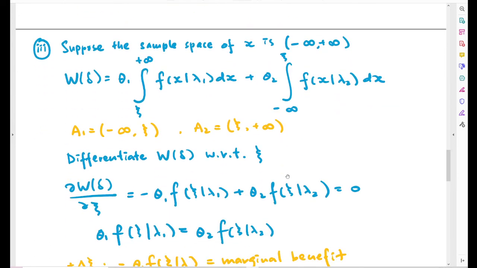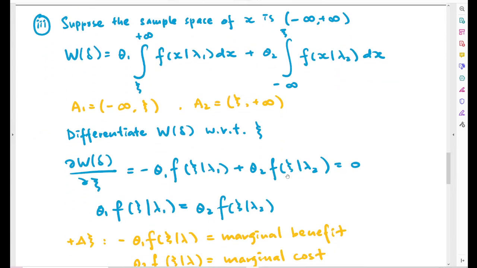The last point here is just a remark. In fact, we can derive the value of c by simple calculus, surely under the assumption that A1 and A2 are two simple intervals. Let me assume that the sample space of X is the whole real line from negative infinity to plus infinity.